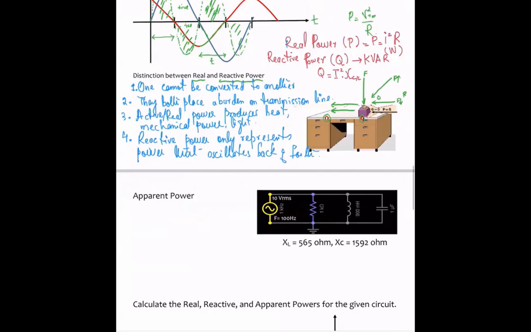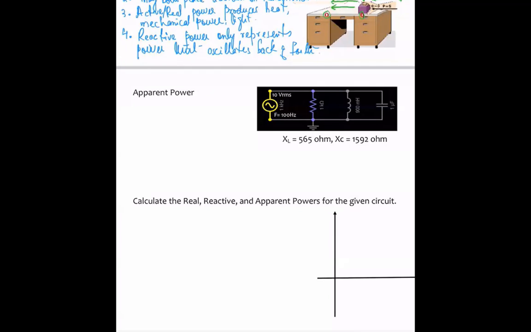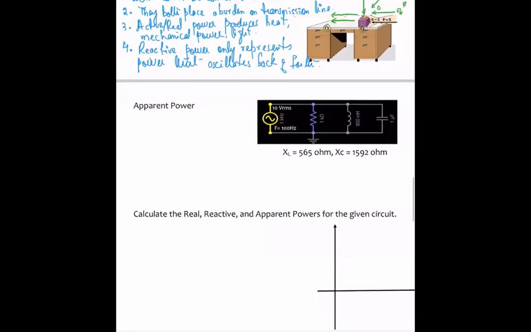All right, now let's work on the apparent power. Remember, the apparent power is a combination of the two. Again, we can learn from the same phasor diagram that we discussed in lecture number 2 on Thursday.